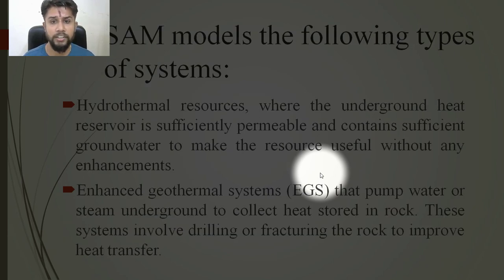The hydrothermal resources are where the underground heat reservoirs are sufficiently permeable and contain sufficient groundwater to make the resource useful without any enhancement. Enhanced geothermal systems pump water or steam underground to collect the heat stored in rock.